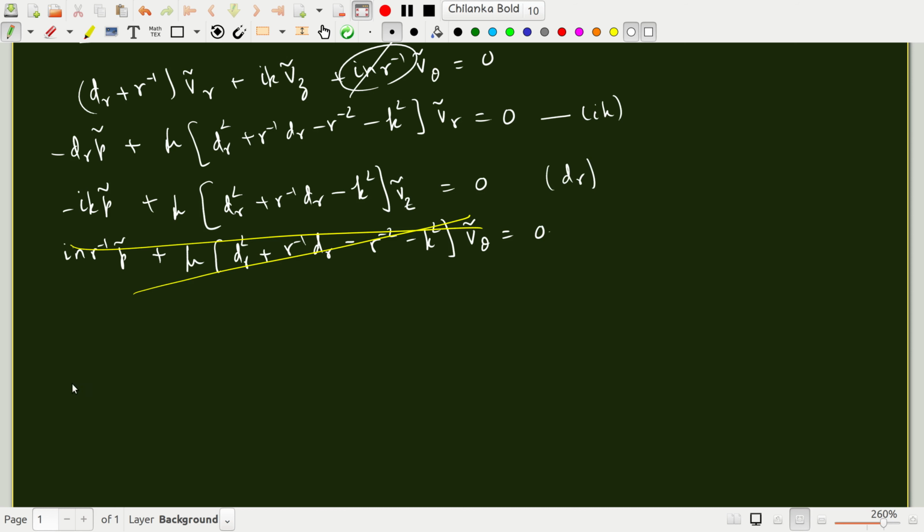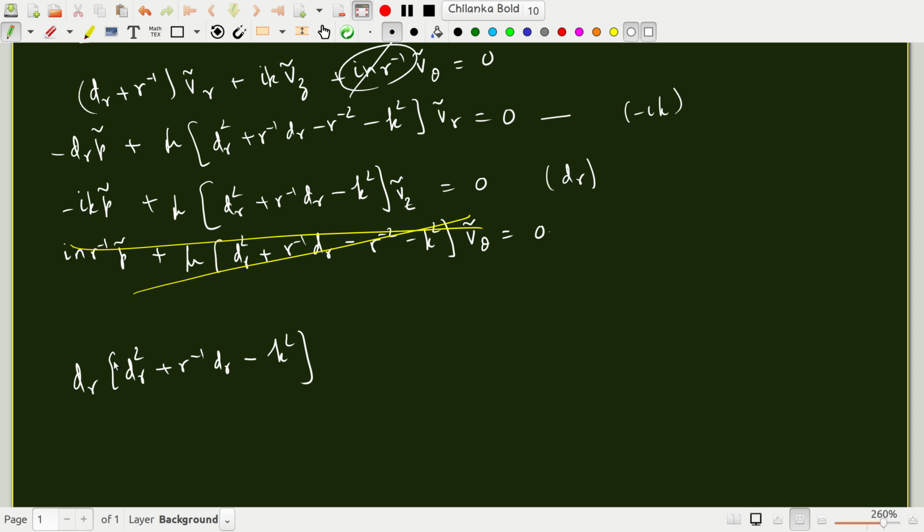When you do that, you will get d r operating on d r squared plus r inverse d r minus k squared. So we are differentiating the z momentum equation with respect to r, and multiplying the r momentum equation by minus ik, so that this will become minus ik d r p and this will become plus ik d r p, and it will cancel.